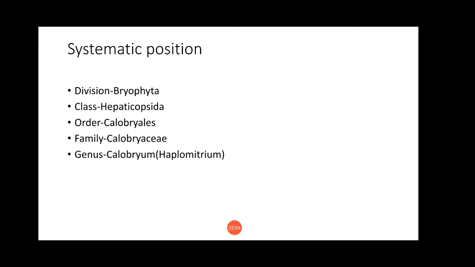The order Calobriales. We know that this order is a specific order and it exhibits a strange combination of primitive and advanced features. These features were discussed in the earlier lecture.